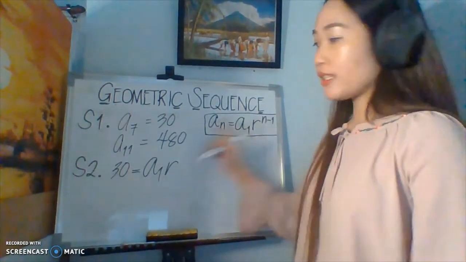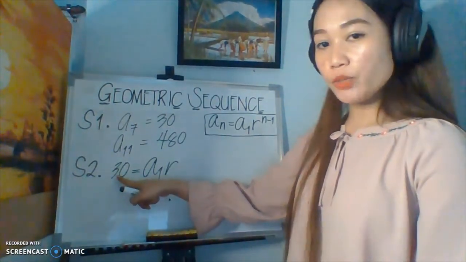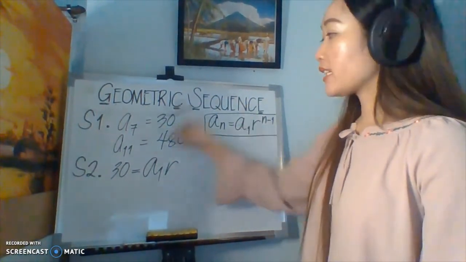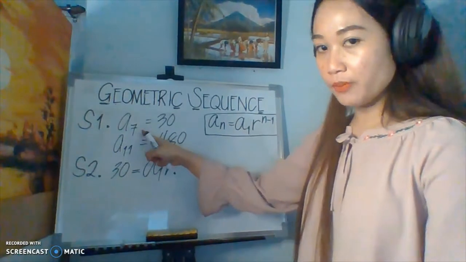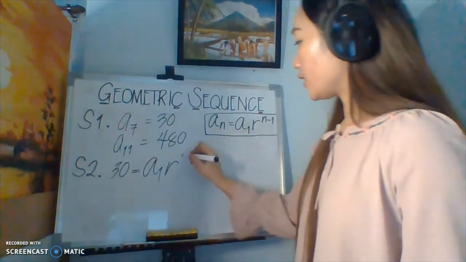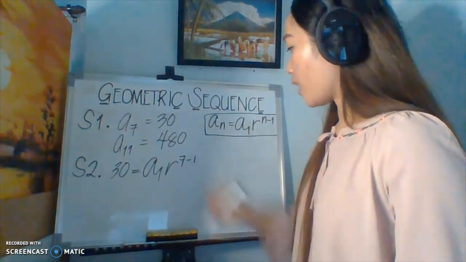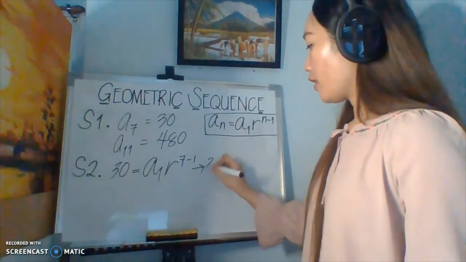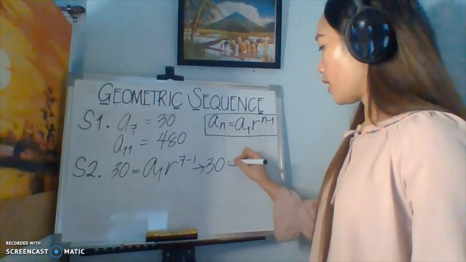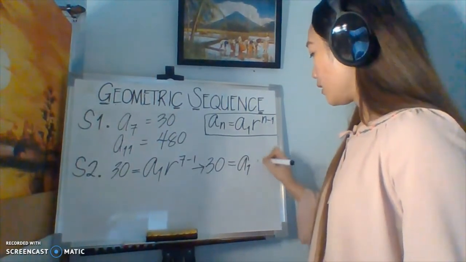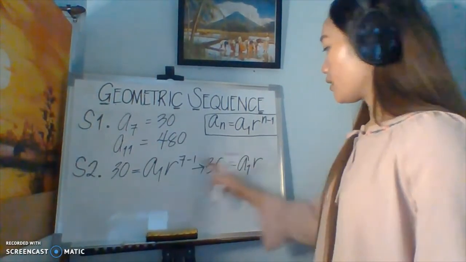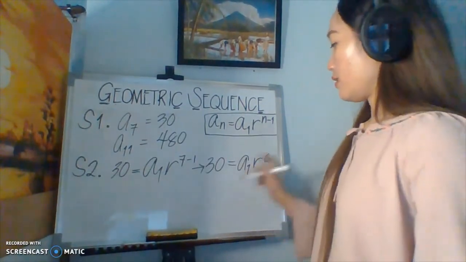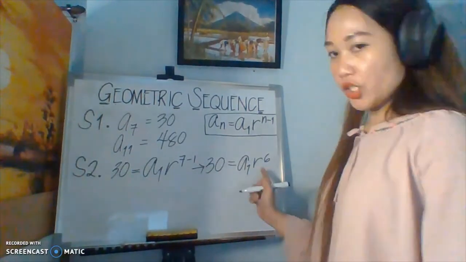N, since we have a seventh term which is 30, we should know the value of n. That is 7, the seventh term. So n minus 1, that is 7 minus 1. So to simplify this equation, we have 30 equals a sub 1 multiplied by r raised to 7 minus 1, which is 6. So we have now one equation.